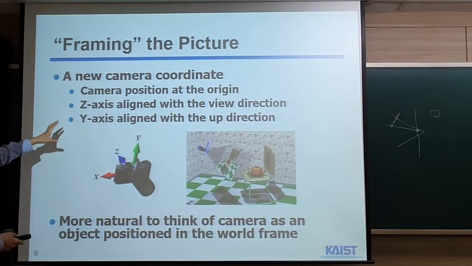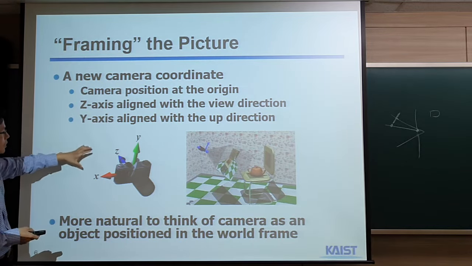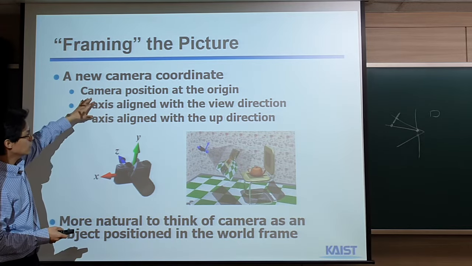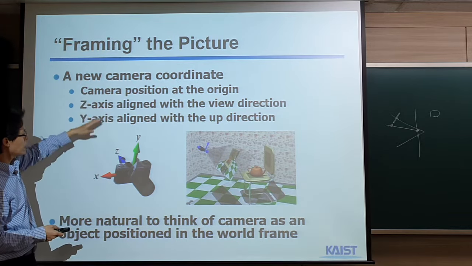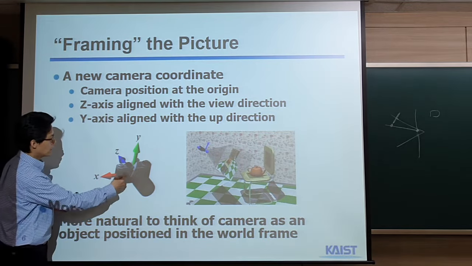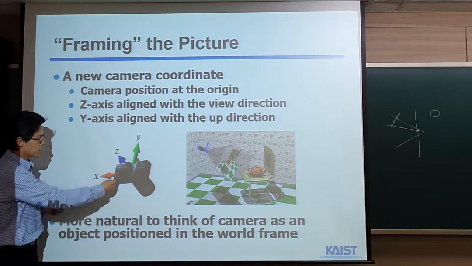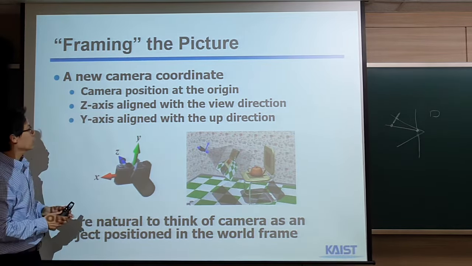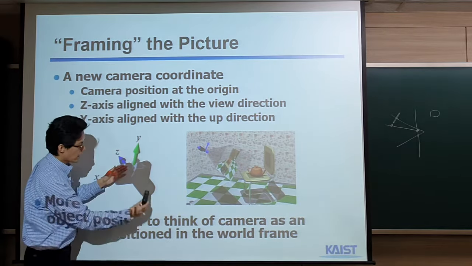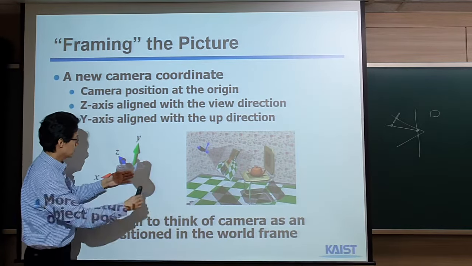So these are the common camera coordinates. This is visualizing the frame of the camera. We define the camera origin here, and then usually this is the y vector of this camera space, and this is the x vector, and then we usually put this g axis aligned with the view direction, but this g direction increases in that direction.